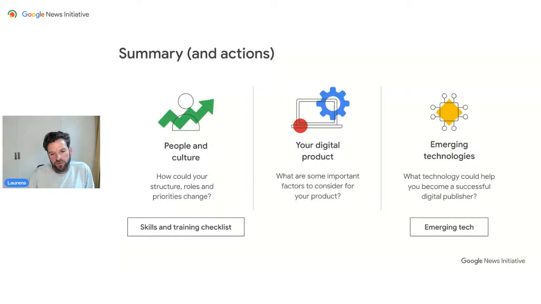Second, your digital project. What are some important factors to consider for your project when you want to start developing maybe new products, new services? And then thirdly, are you willing to explore emerging technologies and see if there's anything of value or relevance with it? It could be podcasts, it could be newsletters, but also VR, AR.